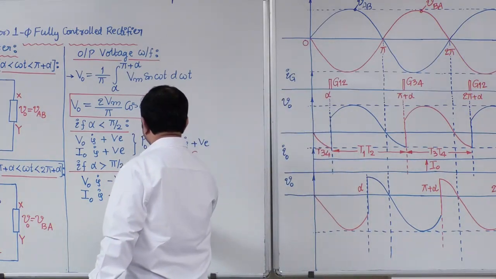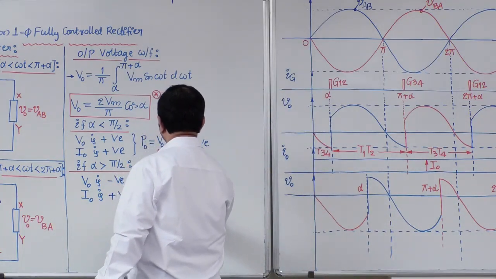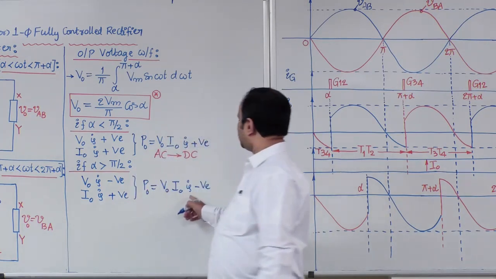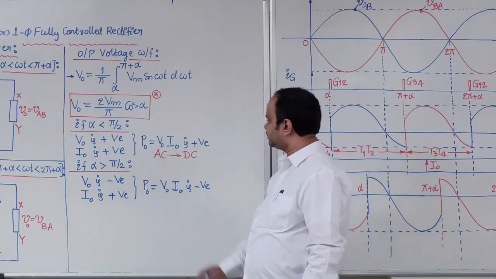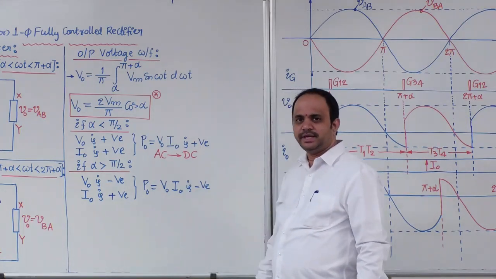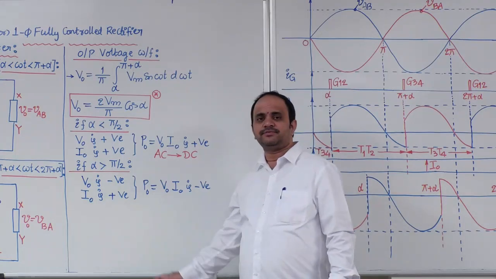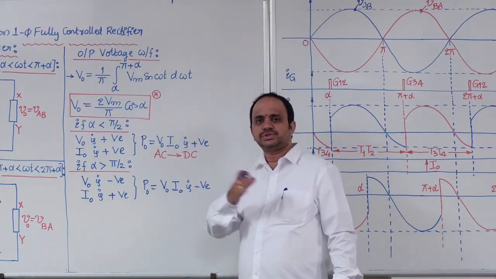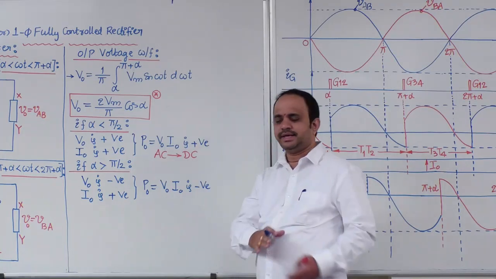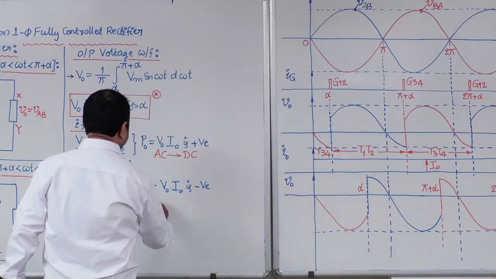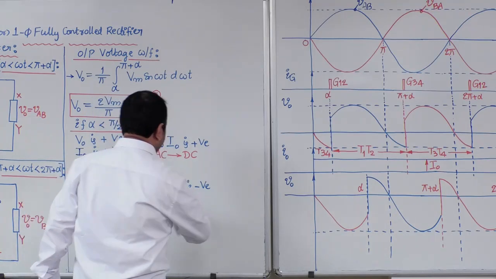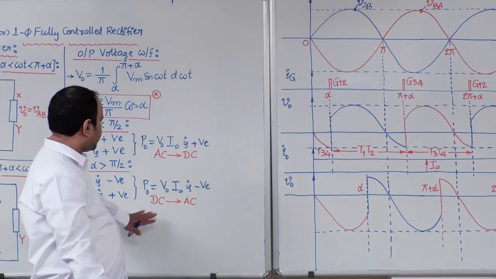Therefore, we can say that P0, that is V0 into I0, is negative. So when the power delivered to the load is negative, it means the direction of the power flow is from load to source, whereas load is DC and source is AC. So the direction of the power flow is from DC load to AC source.